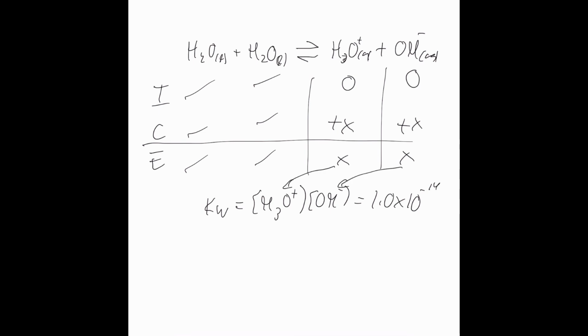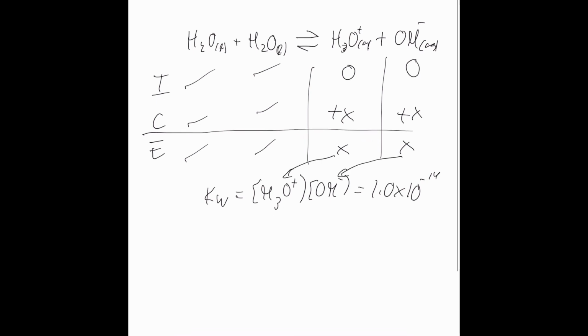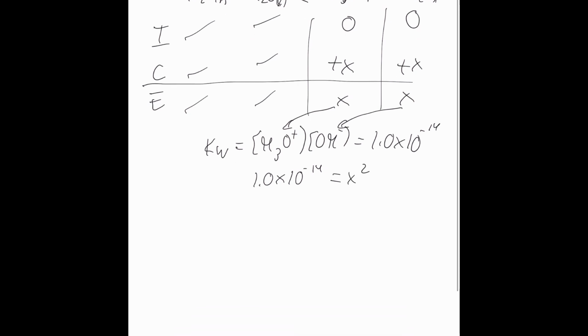We plug those into our Kw, which is 1 times 10 to the minus 14. So that means 1.0 times 10 to the minus 14 equals X squared. We don't need a calculator to do that math. The square root of that is equal to 1.0 times 10 to the minus 7. So that is my H3O plus concentration.